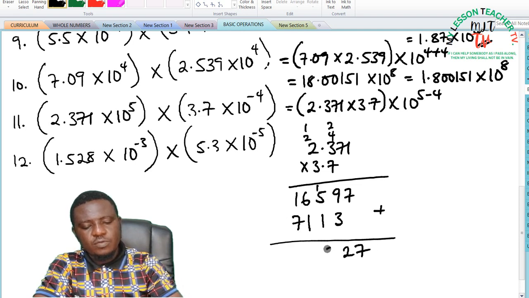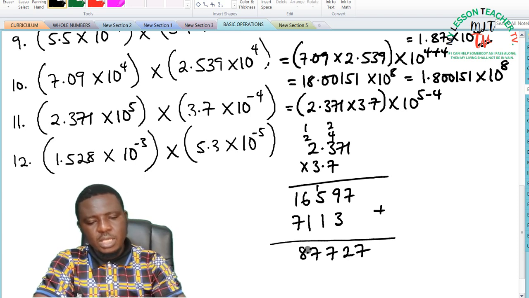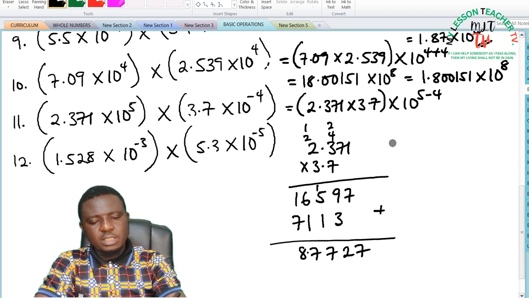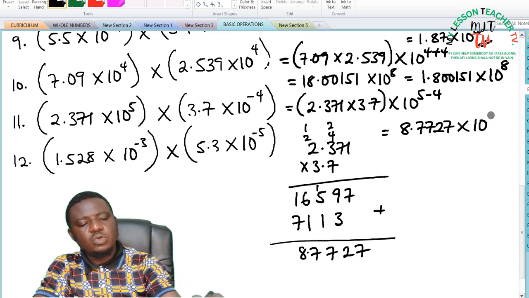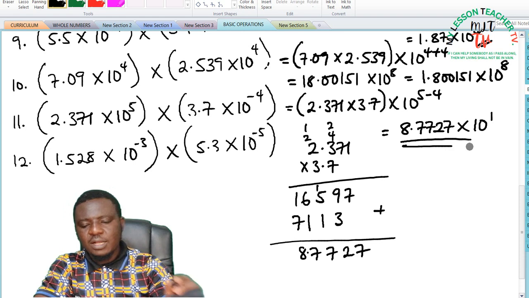Carry 1 is 7, 7, 8. We have 4 places of decimal, 1, 2, 3, 4. So this is equal to 8.7727 times 10 raised to the power of 5 minus 4 is 1. This is in standard form.